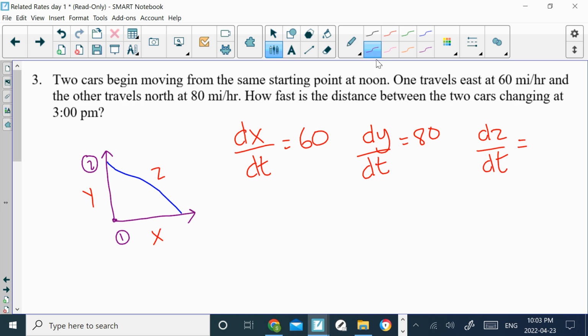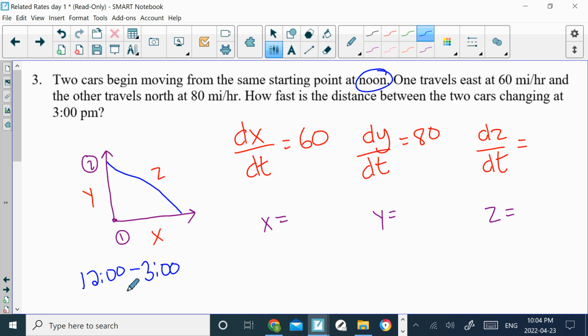Again, as with the previous problem, we're able to figure out the distance that the first car traveled, the second car, and using Pythagorean theorem, we're going to be able to get the distance between those two cars. So it says that the cars began traveling at noon. And it says how fast is the distance between the two cars changing at 3 p.m. So that's 3 hours.